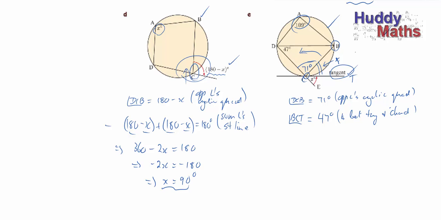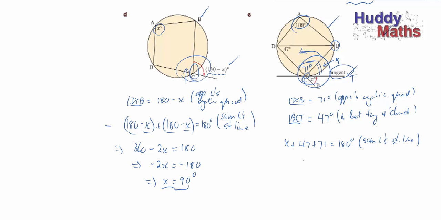So that's 47 degrees. Now we can say x plus 47 plus 71, all of this must equal 180 degrees, and that's sum of angles on a straight line.